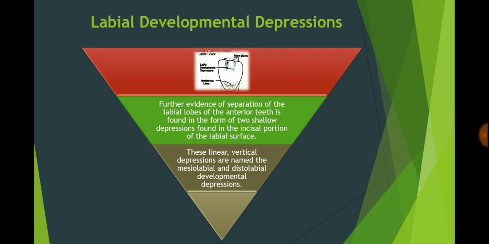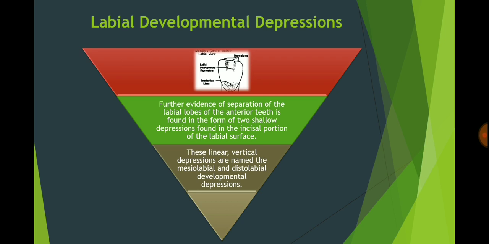Now the labial developmental depressions. There is further evidence of separation of the labial lobes of the anterior teeth. The developmental depressions are usually shallow depressions found in the incisal portion of the labial surface, therefore causing mamelons.